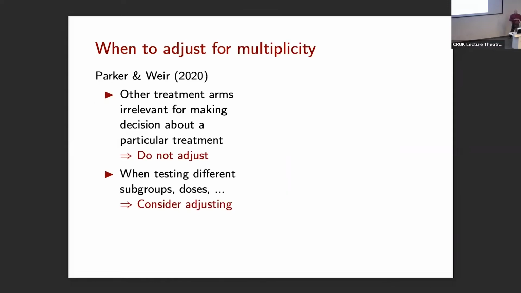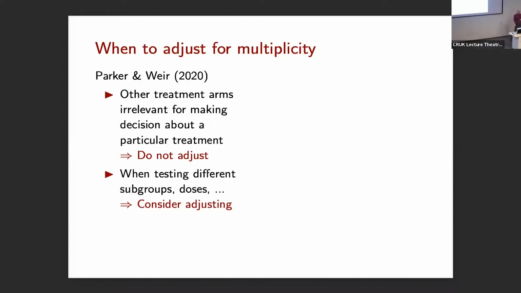Now, the question about whether or not one should adjust for multiplicity in the context of master protocols is actually not that clear. And I've just picked out a series of papers here to give you an example about what the controversy or what the discussion is about. So Parker and Weir, about a year and a half ago, 2 years ago, argued that in order to make a decision about a particular treatment, what happens to other treatments is completely irrelevant.